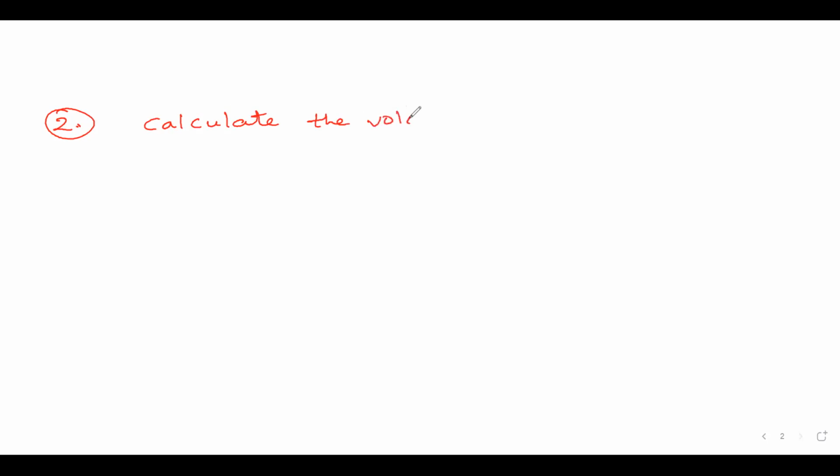Calculate the volume strength of hydrogen peroxide solution for 0.2 molarity of its solution.